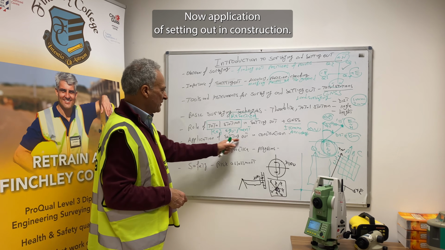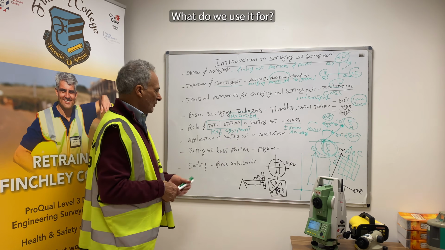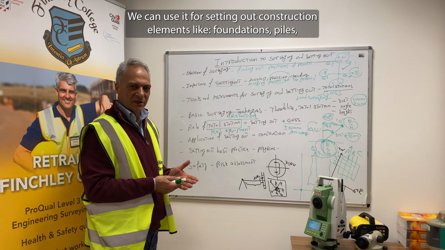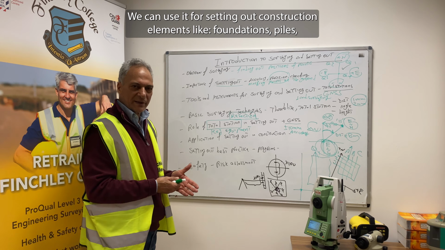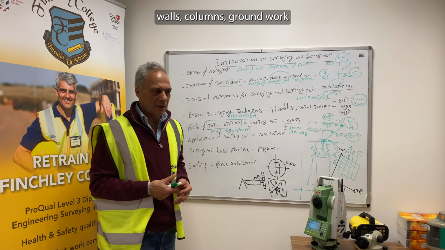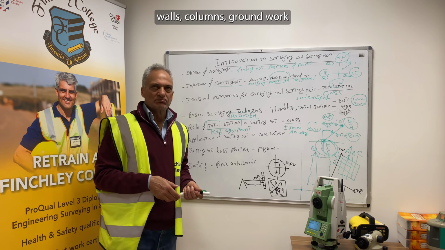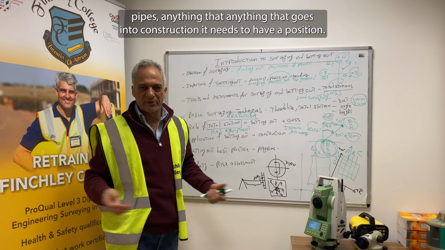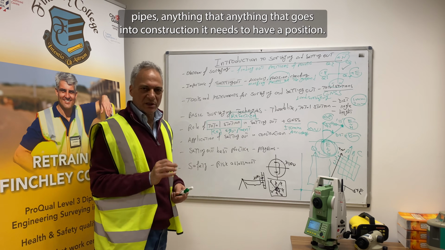Now, application of setting out in construction. What do we use it for? We can use it for setting out construction elements like foundations, piles, walls, columns, groundwork, ceilings, lights, pipes, anything that goes into construction.